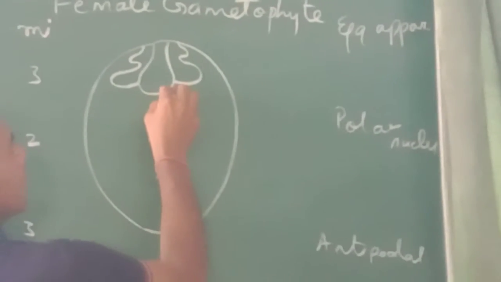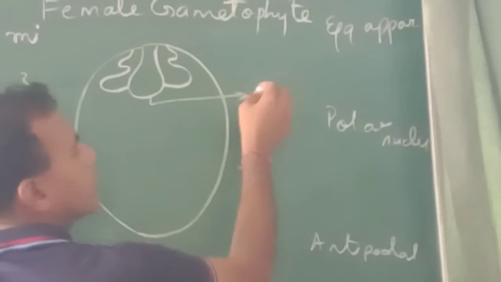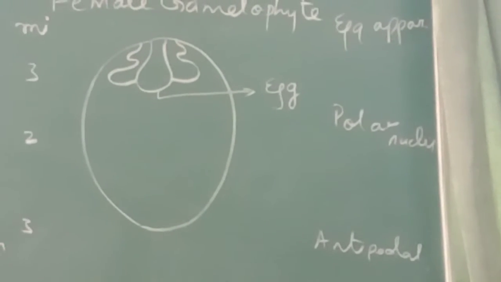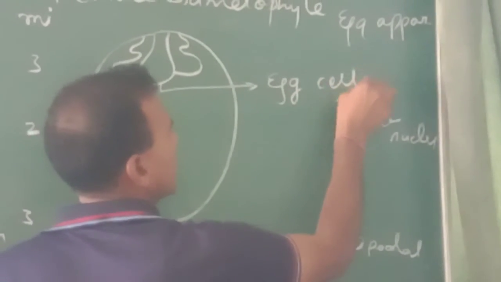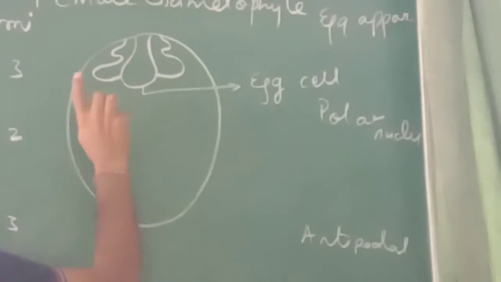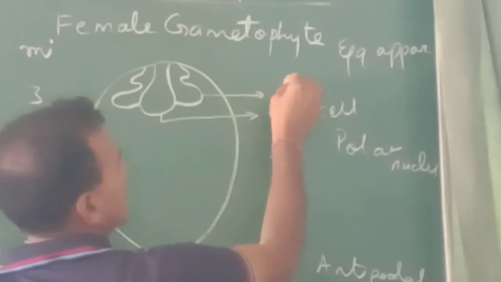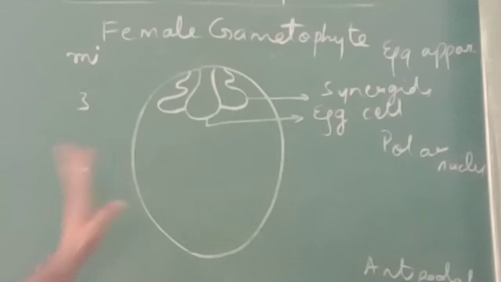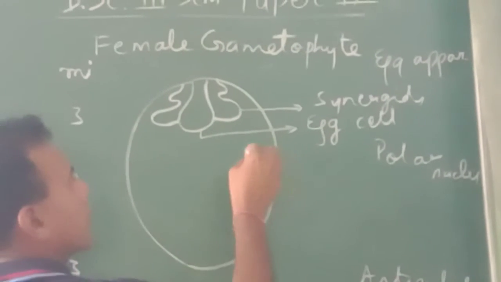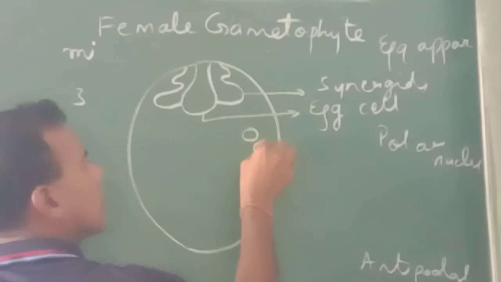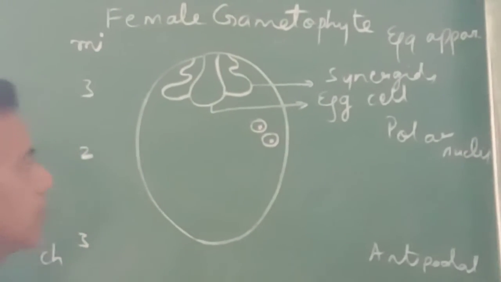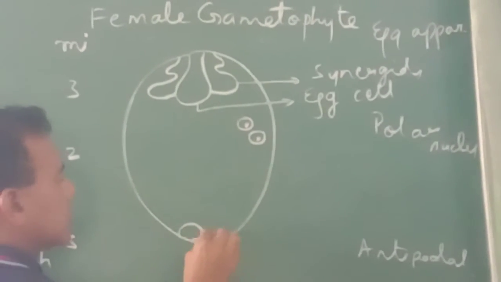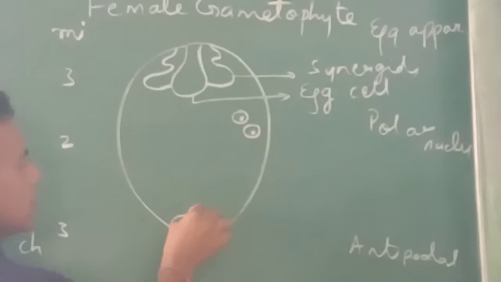In the egg apparatus, the central flask-shaped cell is the egg cell, and on either side of it are hook-like synergids. The polar nuclei vary in number. In Polygonum, they were 2 in number, central in position, while the antipodals were on the chalazal side and are 3 in number.